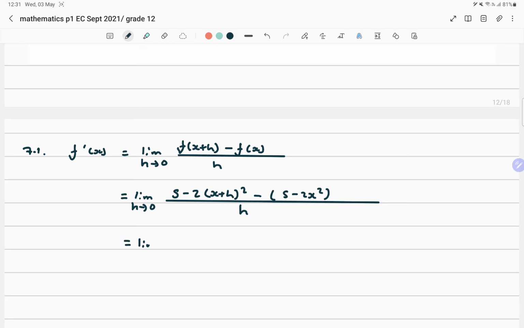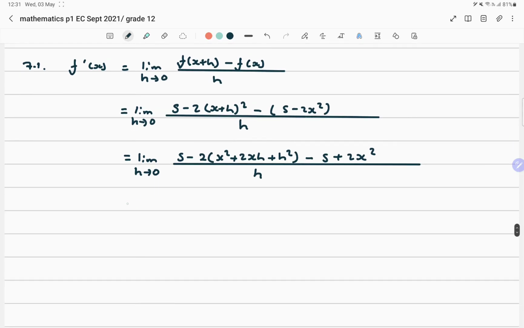This is lim as h tends to 0. Let's deal with this thing. 5 minus 2 into, we sort this one out as x squared plus 2xh plus h squared minus 5 plus 2x squared over h.